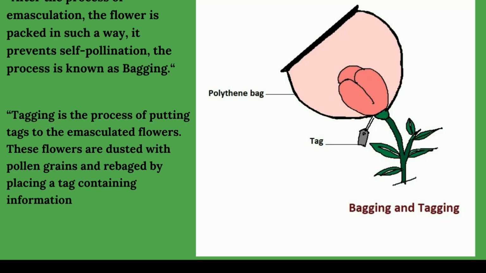That process is called bagging, and we place a tag displaying that this particular flower is an emasculated one, which is called tagging. So emasculation, bagging and tagging all come under the process of artificial hybridization.